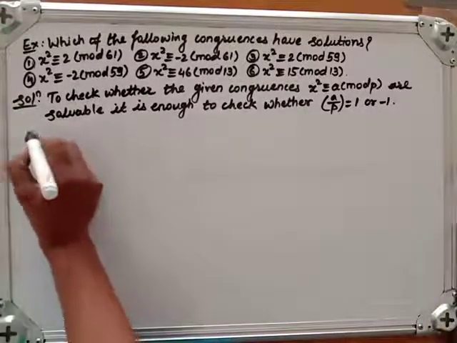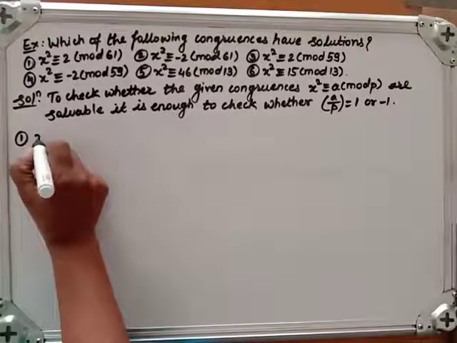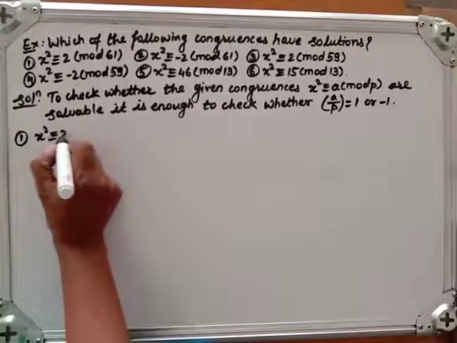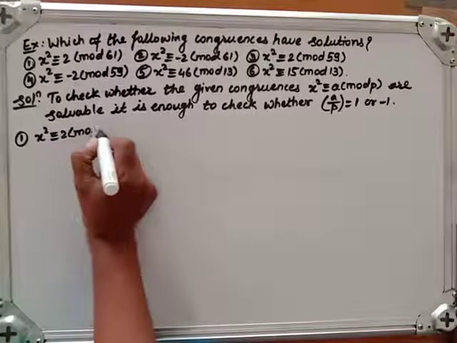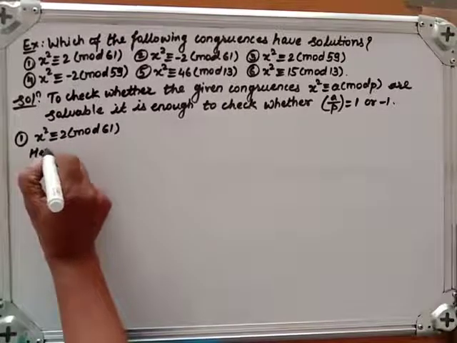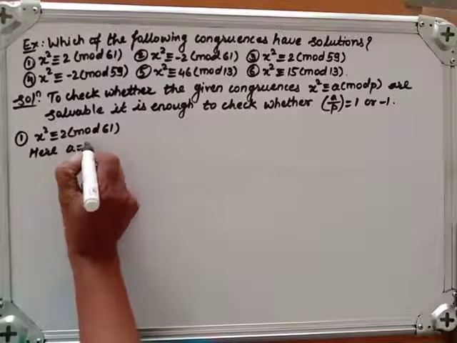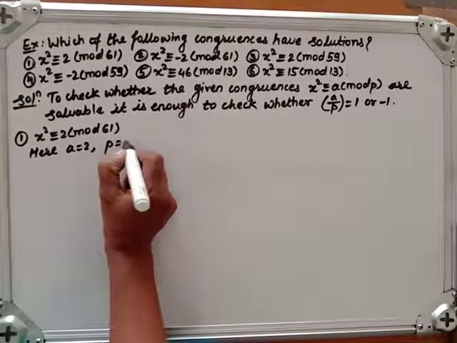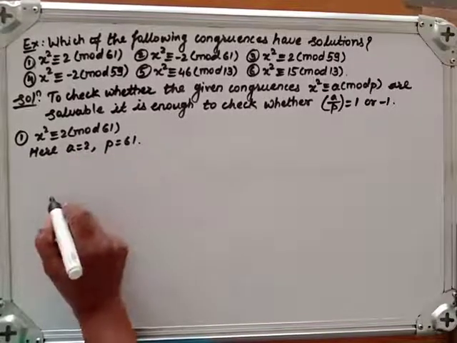Okay, so let me take the first one, x squared congruent to 2 modulo 61. Here a is equal to 2 and p is equal to 61.